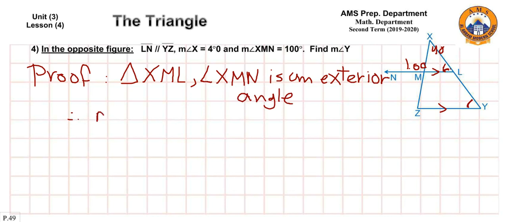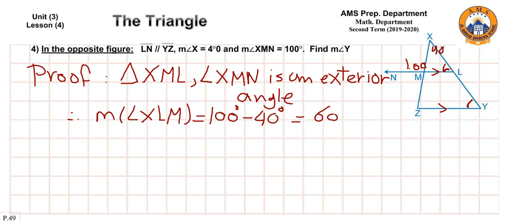Therefore, the measure of angle XLM equals 100 minus 40, which equals 60 degrees.